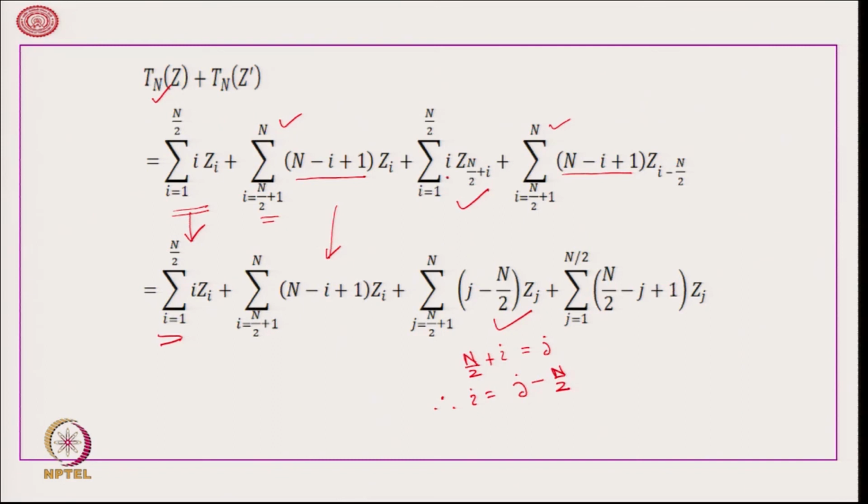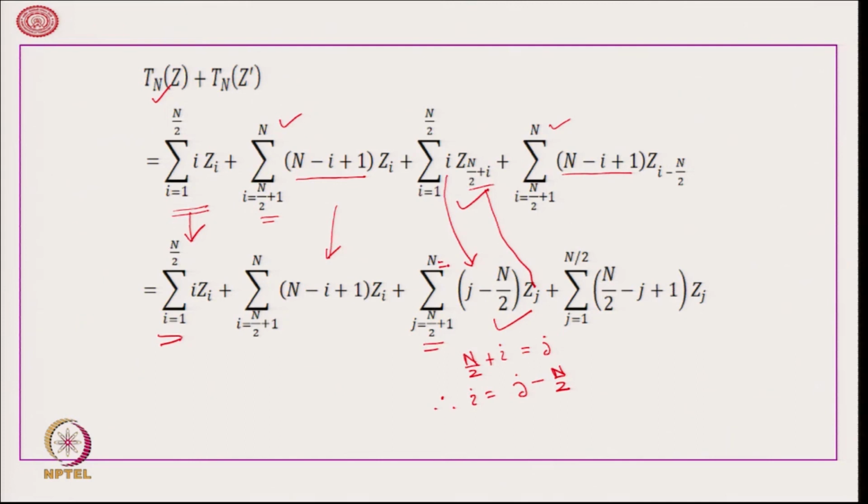Therefore, what are we doing? We are putting j minus n by 2 instead of i, and in place of n by 2 plus i, we are putting j, and since i is going from 1 to n by 2, j is going from n by 2 plus 1 to n.